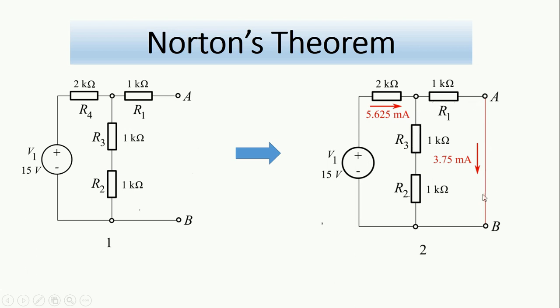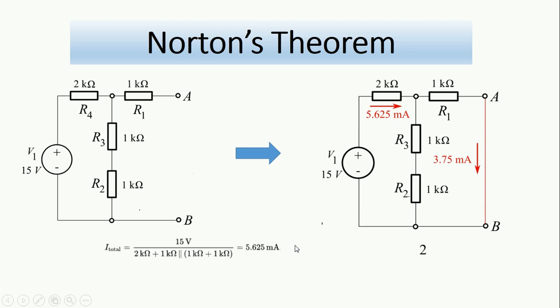By applying the current divider rule, we can find the current passing in this branch: we take the resistors in the opposite branch and divide them by the total resistance value of the two branches, as we can see here in the calculations.